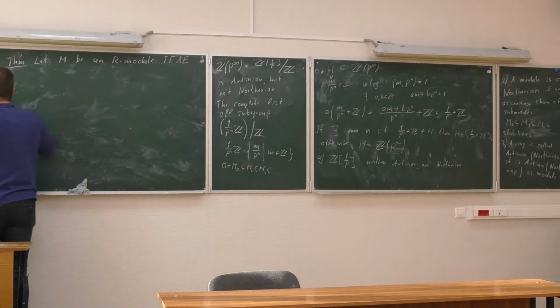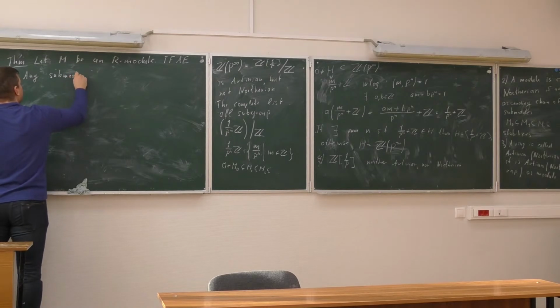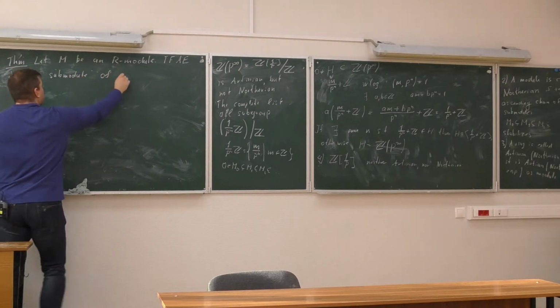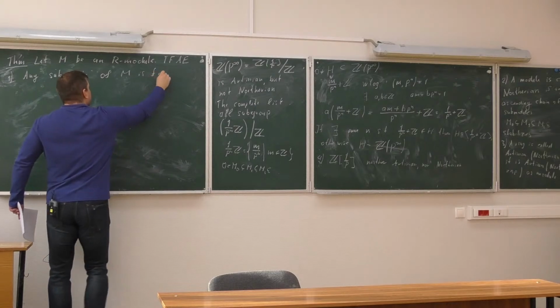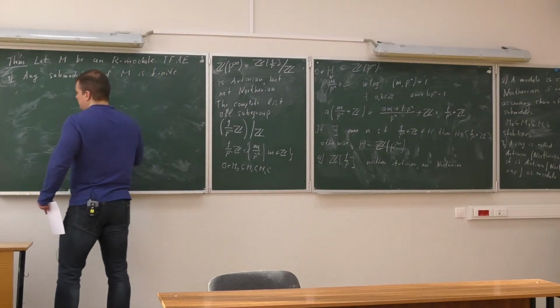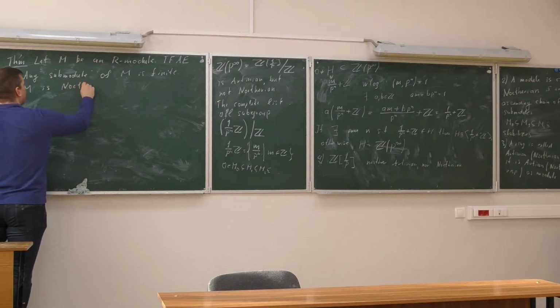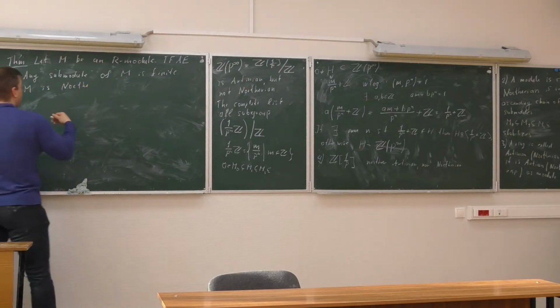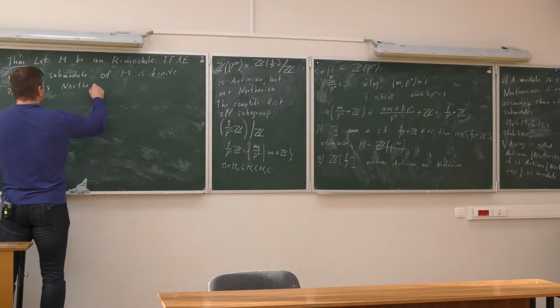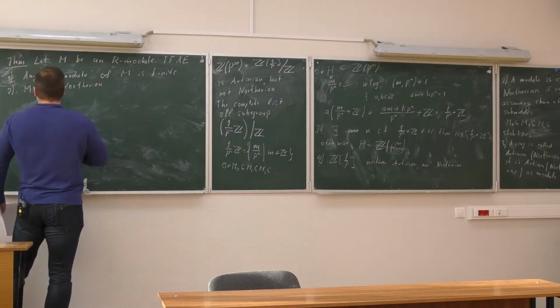Condition 1: any submodule of M is finitely generated. Notice that in particular, module M itself is finitely generated. Condition 2: M is Noetherian, meaning that I use the definition with a chain of submodules.